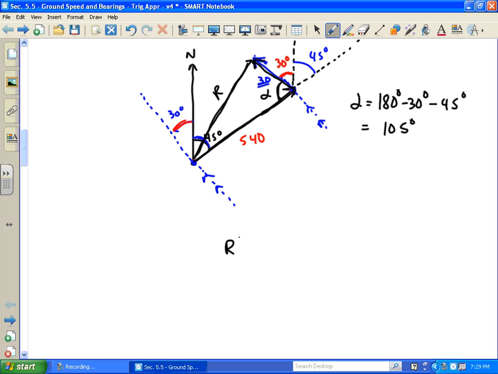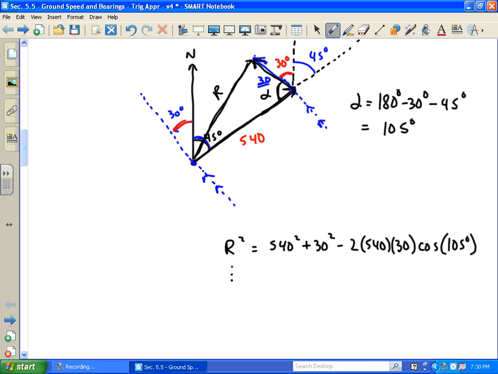So R squared equals 540 squared plus 30 squared minus 2 times 540 times 30 times the cosine of the angle opposite, which is 105 degrees.